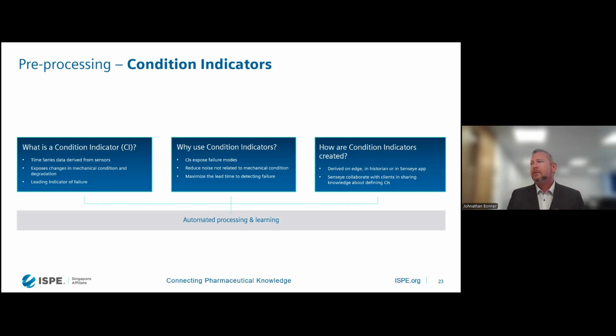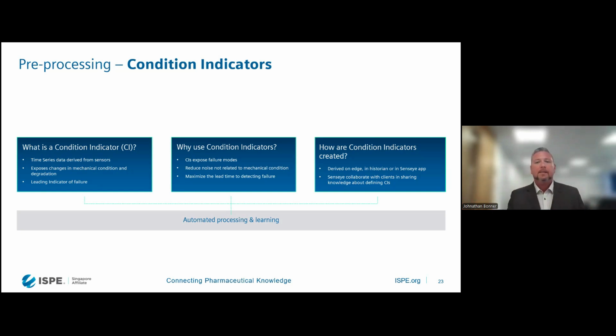It also helps to reduce the amount of noise within the data, because a current profile for an electric motor can have a huge variation in normal operating conditions. So when we start to expose condition indicators, you provide a more stable baseline understanding.